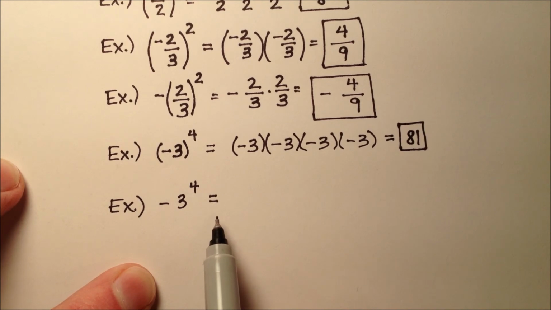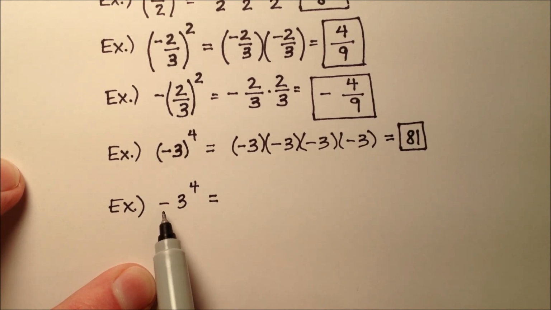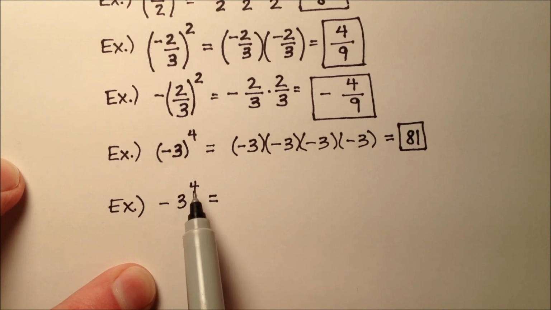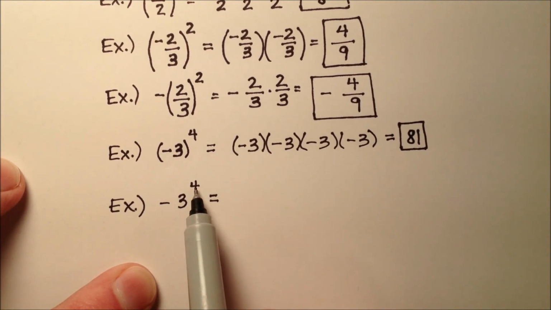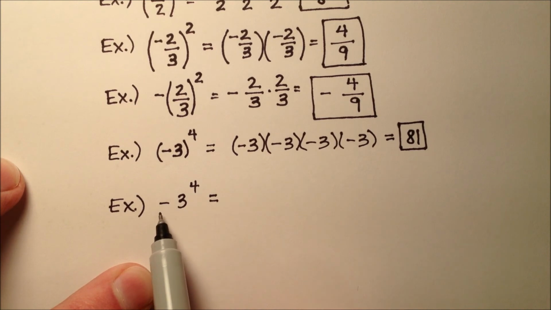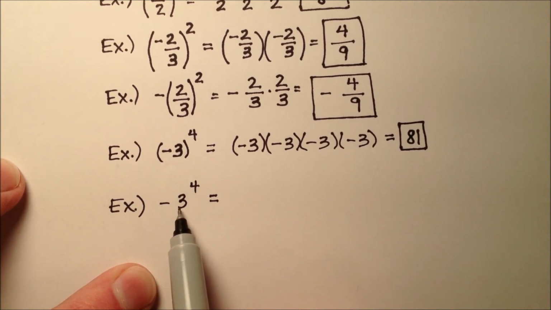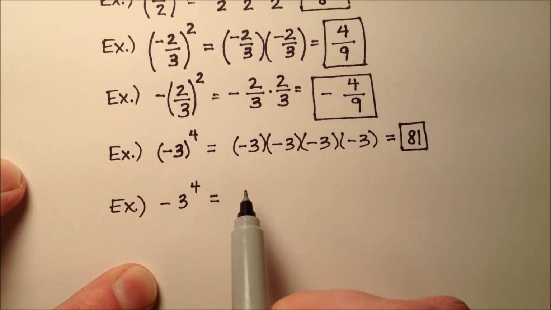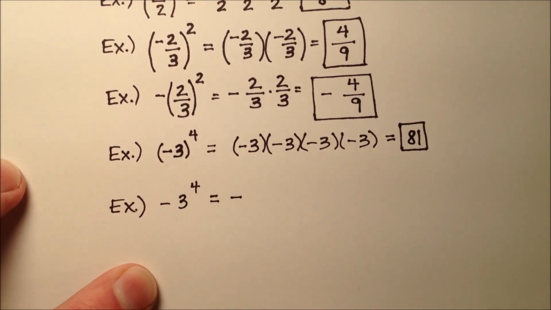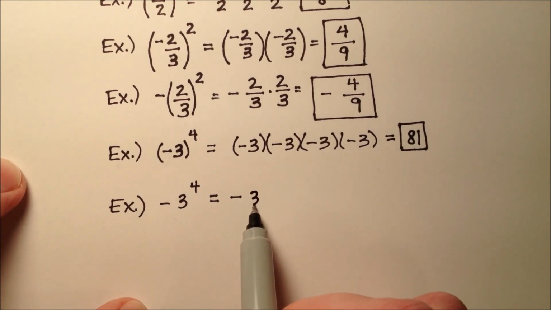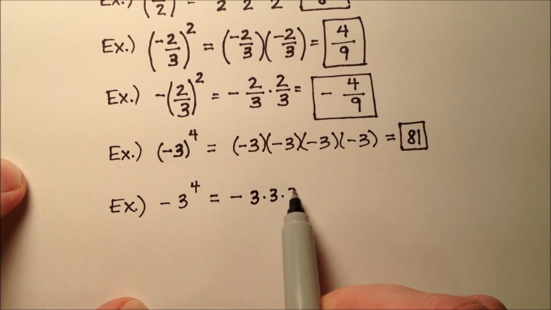Well, how does that differ from this? Like a previous example we did, this is just the opposite of 3 to the power of 4. So this 4 exponent has nothing to do with this negative out here. And likewise, this negative has nothing to do with this exponent business. So the negative is just going to come along for the ride. Well, what do I have? I have 4 3's.